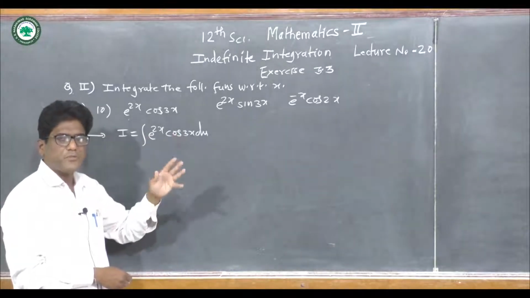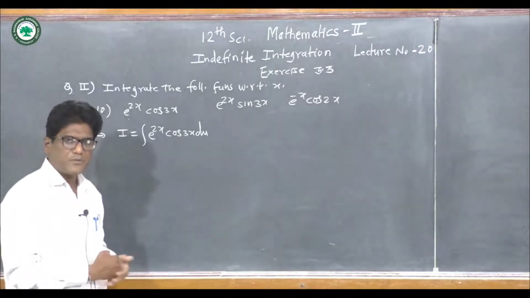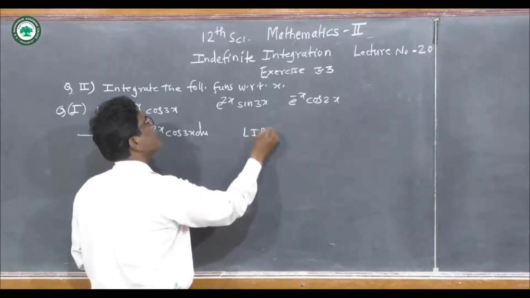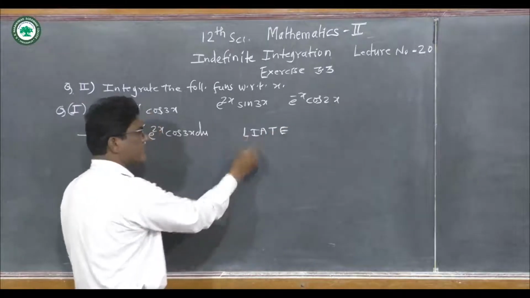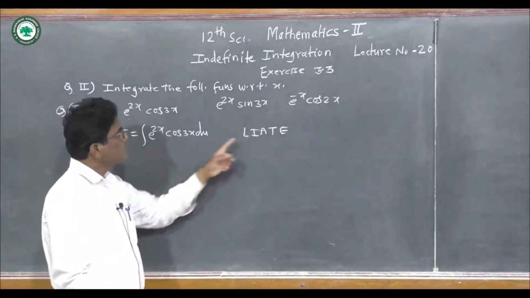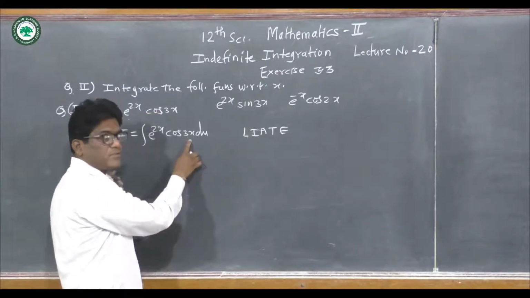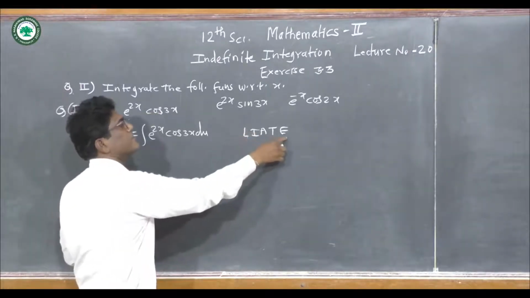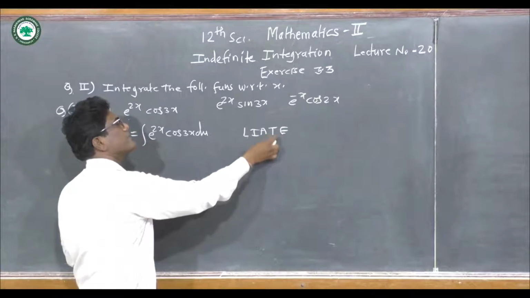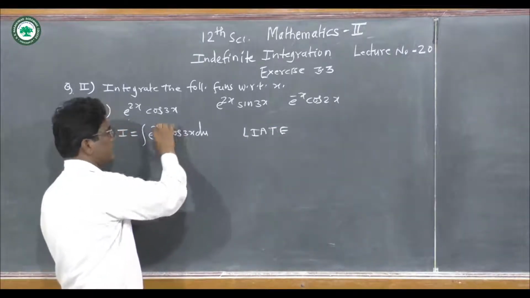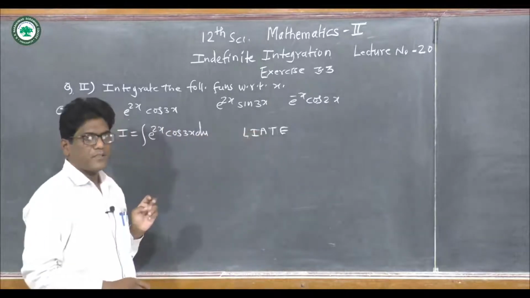The choice of u and v depends upon the LIATE rule: logarithmic function, then inverse, algebraic, trigonometric, exponential. Here the trigonometric function cos of 3x comes first, so we take cos of 3x as u and the exponential function as v.